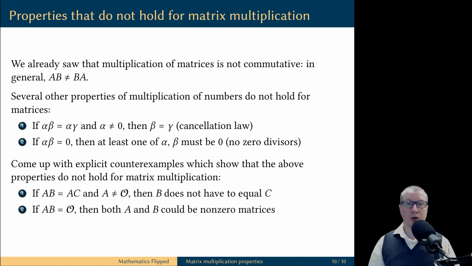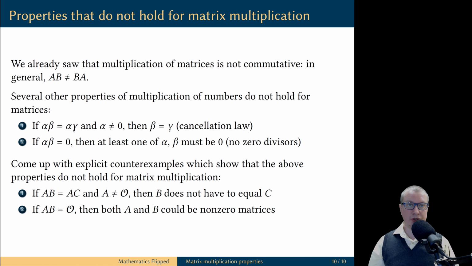However, these properties do not hold for matrices. So please come up with explicit counterexamples which show the following. It is possible for the product matrix AB to be the same as the product matrix AC.